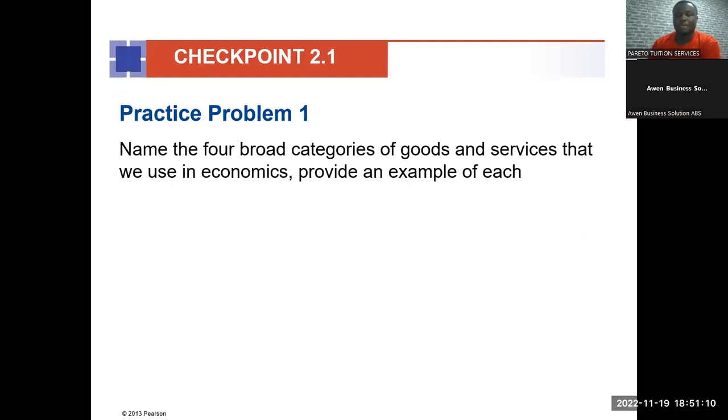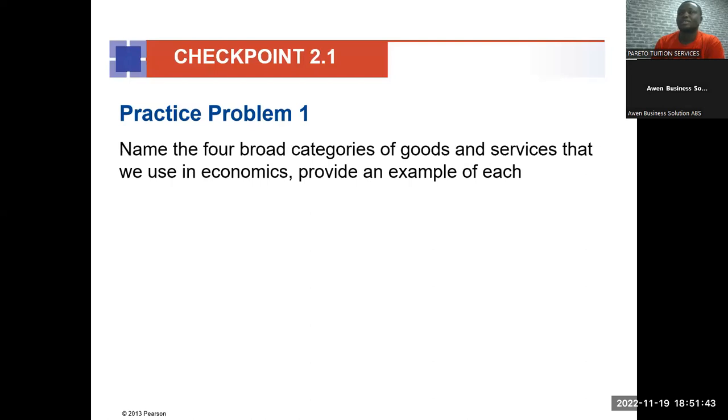And we have government goods that are purchased by the government. And that one, an example includes police service and judicial services. Good. And then we have export goods that are produced and exported to other countries. And then the fourth one, I've forgotten.